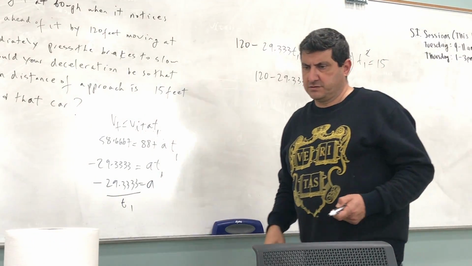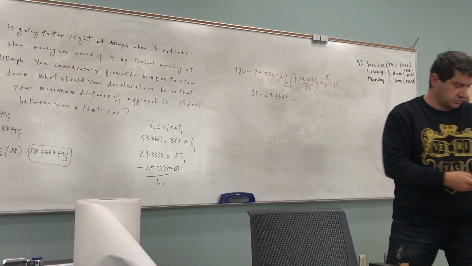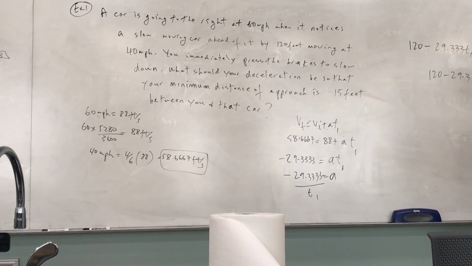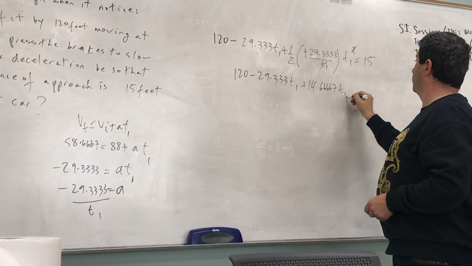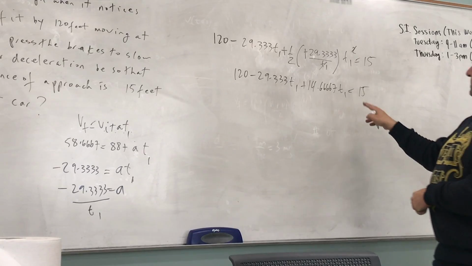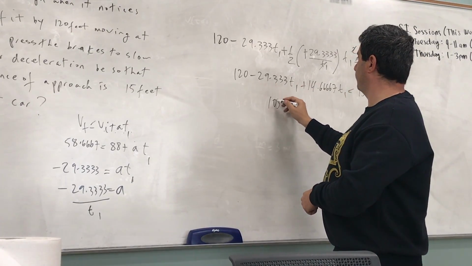So then what is that? Divide that by 2, 14.66, so 14.66667, T1 cancels T1. Okay, then what? Okay, then I can take the 15, bring it to this side. Right, you get 105.